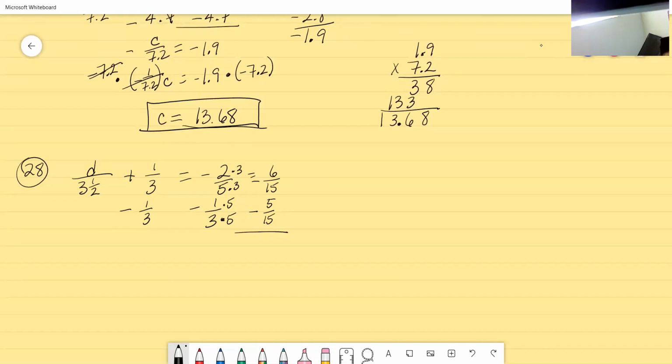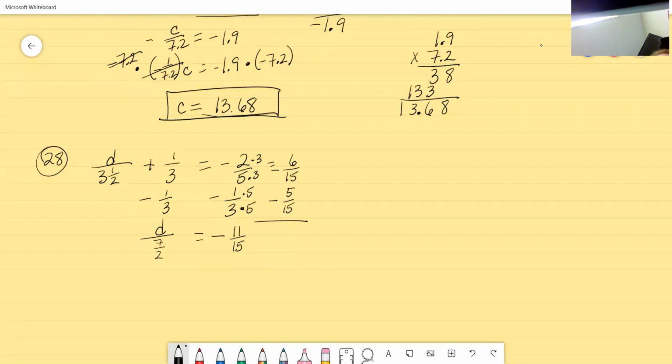So that leaves us with D divided by 3 1/2 equals, we're adding those because they're like signs, equals negative 11/15. So you can rewrite 3 1/2 as 7 halves. So if D is divided by 7 halves, then the inverse of that is multiplying it by 7 halves.